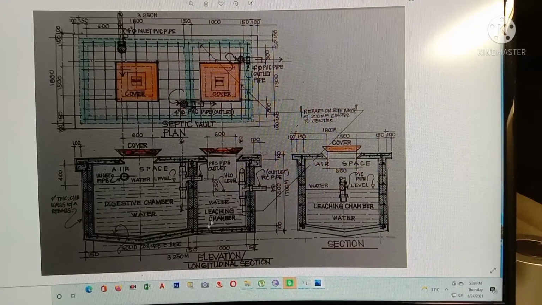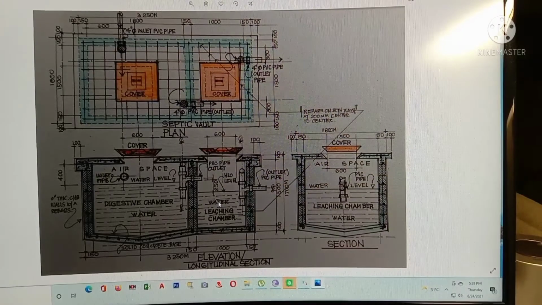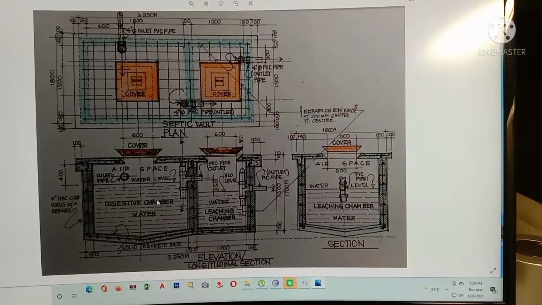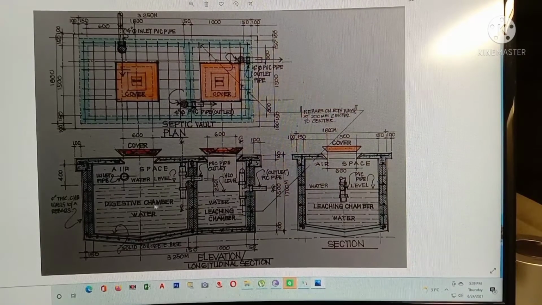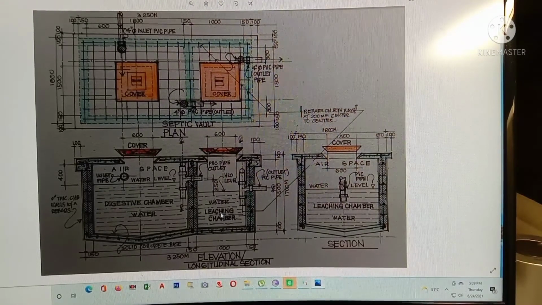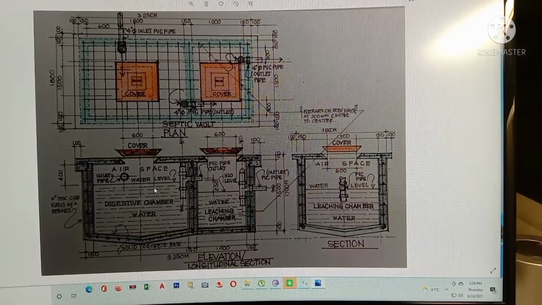So whatever matter is digested here, all the big materials being digested, will be in the form of water already. When the water is thrown out by passing through this outlet pipe into your leaching, automatically the water and the small particles of waste will come out through this outlet to your leaching.